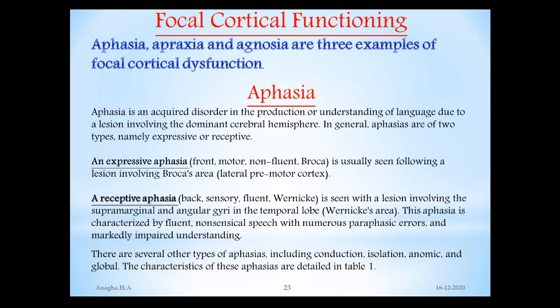Because of this only, in the history taking part, I mentioned that we have to take handedness of the patient. Then only we will know which is the dominant cerebral hemisphere. So, aphasia is an acquired disorder in the production or understanding of the language due to a lesion involving the dominant cerebral hemisphere. In general, there can be two types of aphasia. One is expressive aphasia, which is related to the Broca's area, and a receptive aphasia, which is related to the Wernicke's area.